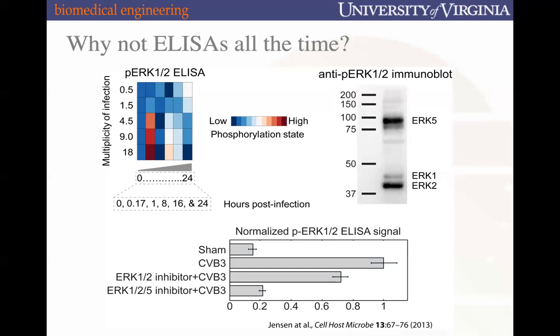But they showed that using an ERK1/2 inhibitor versus an ERK1/2/5 inhibitor in the presence of the Coxsackie virus, ERK1/2 only accounts for about 25% of the phospho-ERK signal, but ERK5, when you have the ERK1/2/5 inhibitor, accounts for about 50% of the phosphorylated ERK. So Western blotting can also help address the pitfalls of ELISAs, where the antibodies might not be doing what we think they're doing.